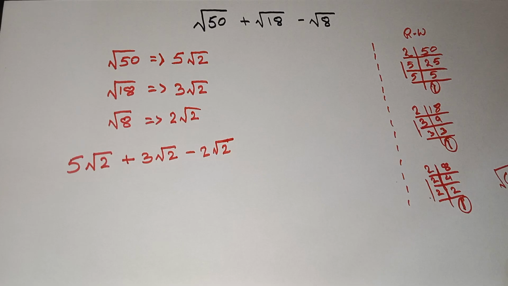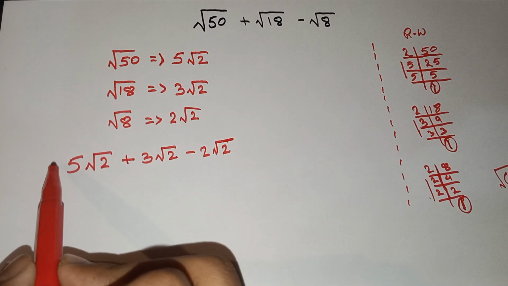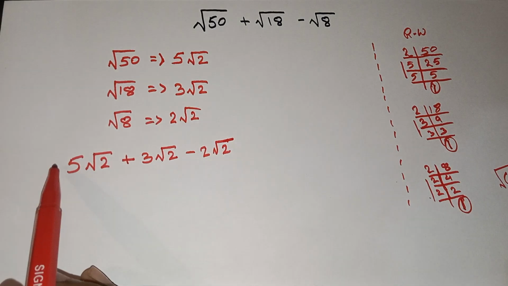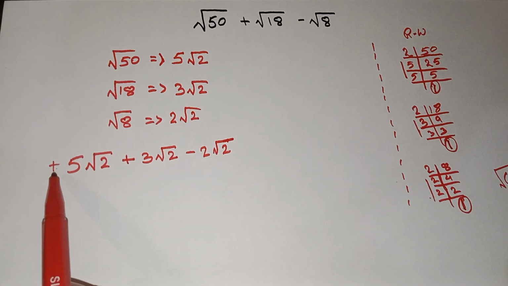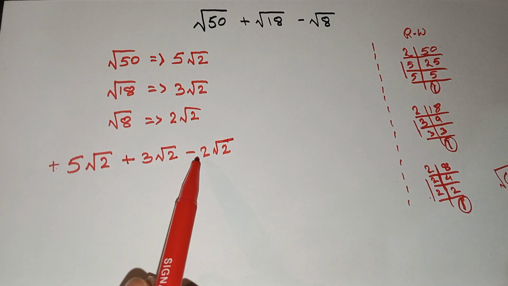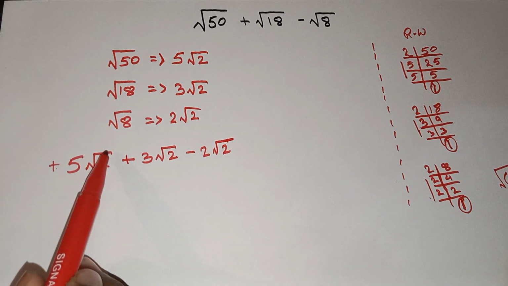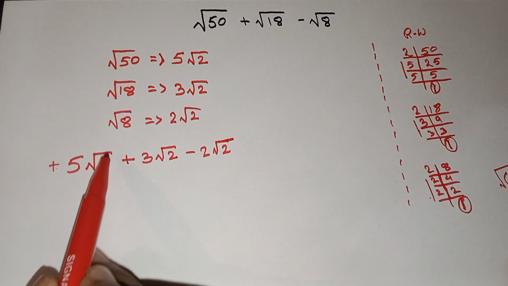How many signs are there? 3 signs are there. No, 2 signs. If there is nothing before 5, it means there is a plus. So first sign, second sign and the third sign.